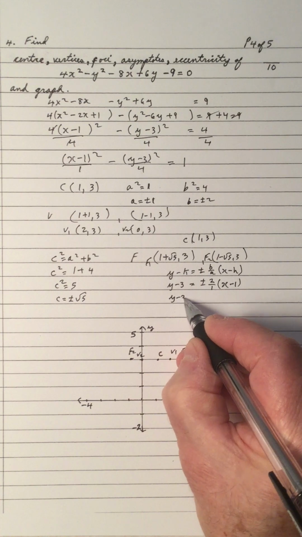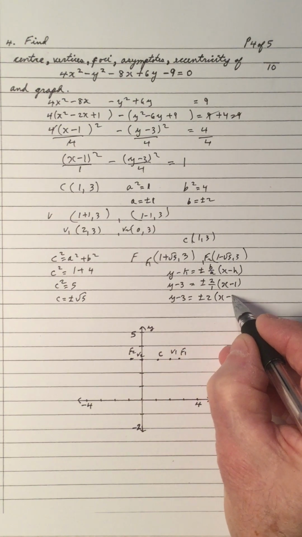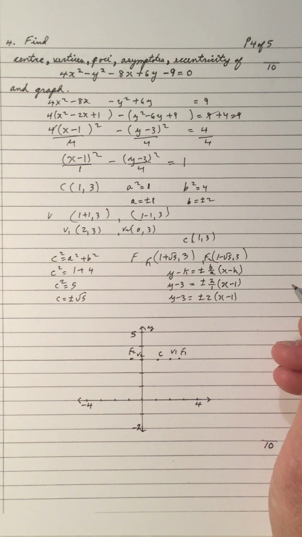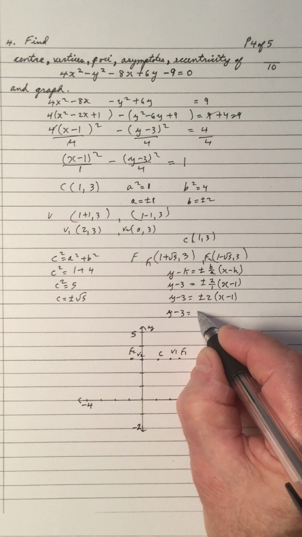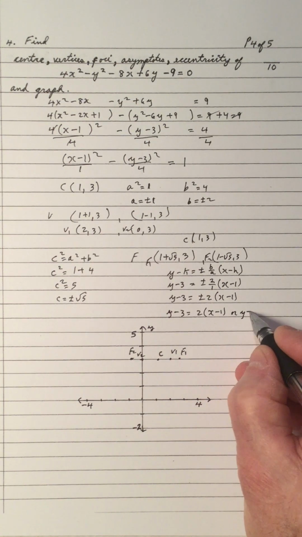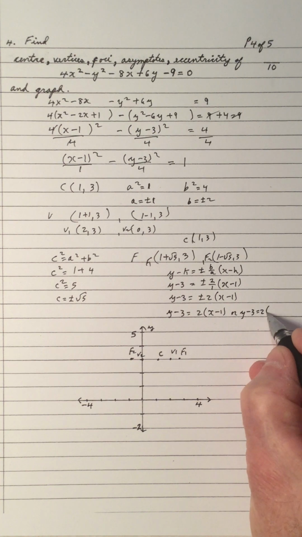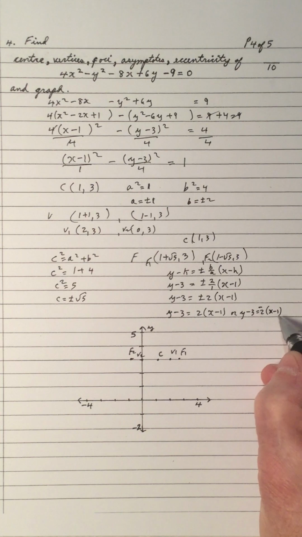So it's y minus 3 equals plus or minus 2 times x minus 1. And there's 2 of them, so you get y minus 3 is 2 times x minus 1, or y minus 3 is negative 2 times x minus 1.